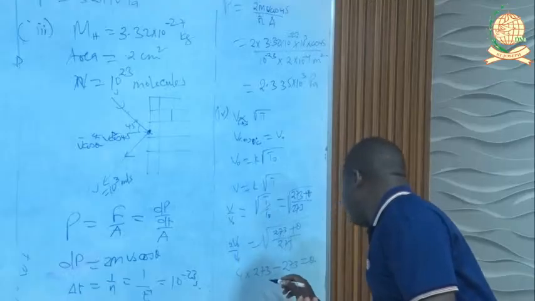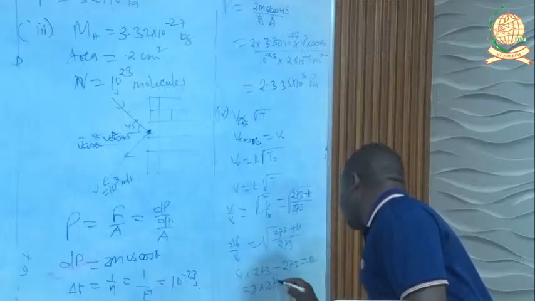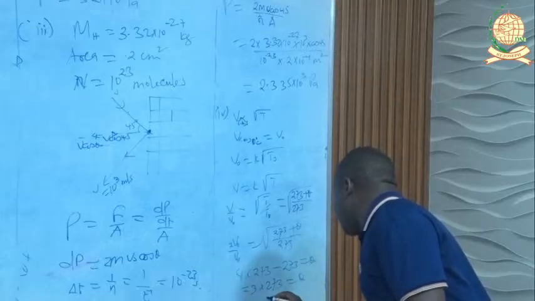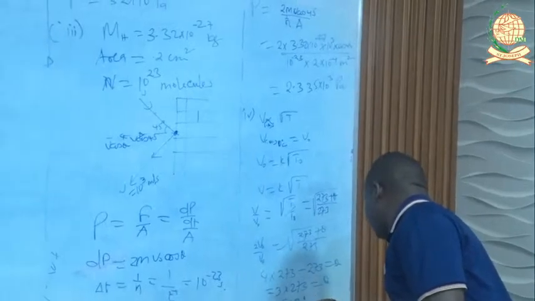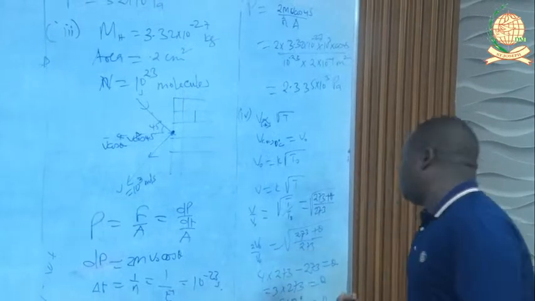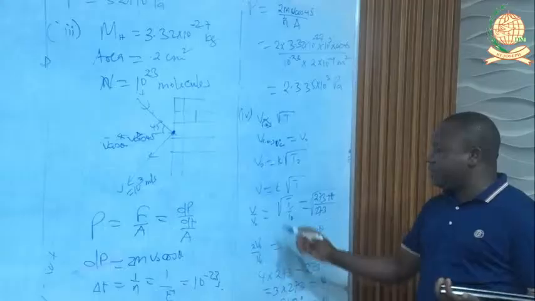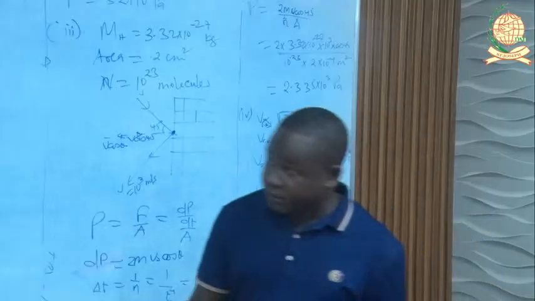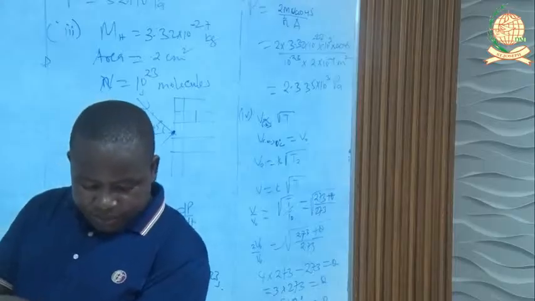So the answer here will be just 3 times 273 equals theta. 3 times 3 is 9, 21, 6, 60, then 8. So this will be the temperature. At this temperature, the root mean square speed of hydrogen will be doubled. Okay, we move to part B.